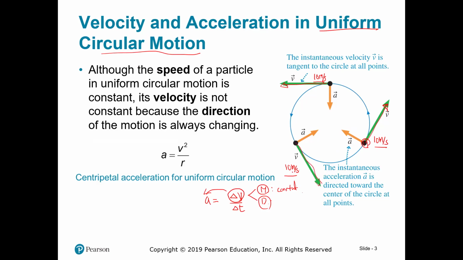Do you see the direction is changing? Because of this direction change, acceleration will be caused. And we call it centripetal acceleration, whose magnitude is v squared over r. The direction of this centripetal acceleration is always toward the center of the circle.